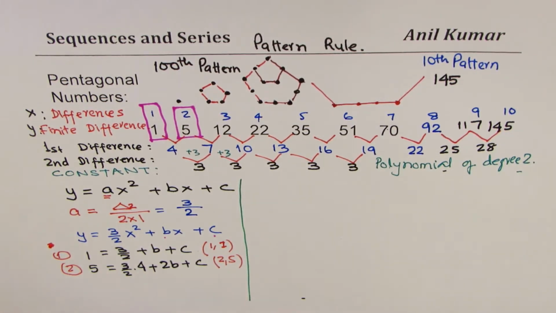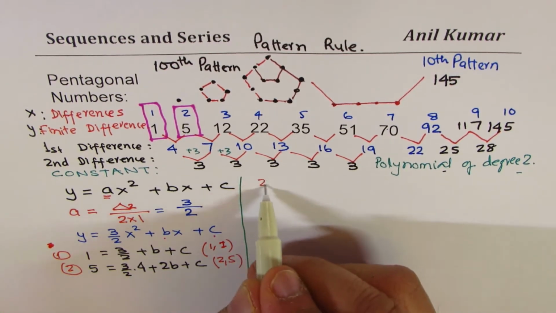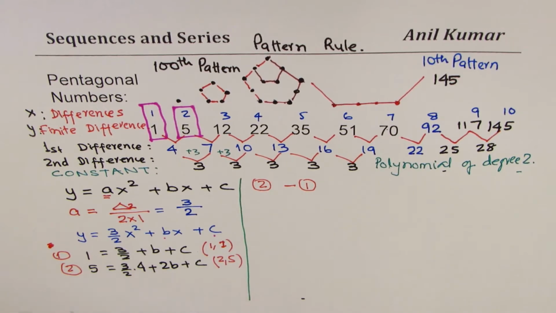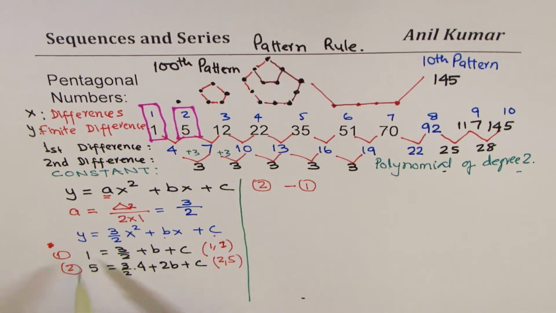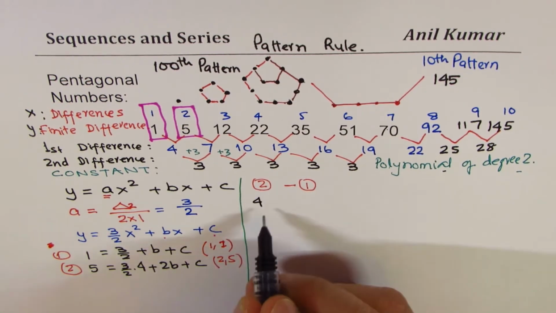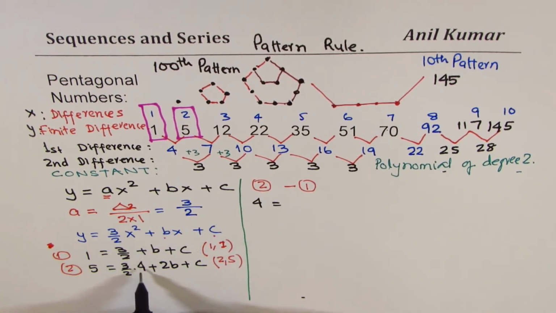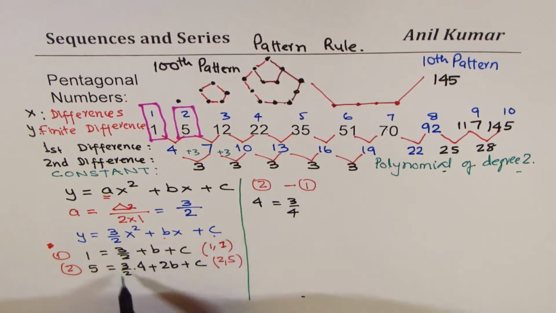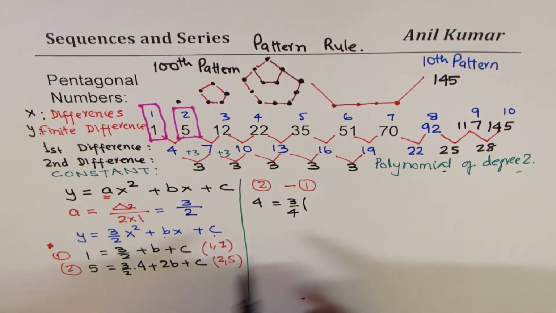Let's see how. If I do equation 2 take away equation 1, as you do in simultaneous equations, what do you get? 5 minus 1 is 4, so I get 4 equals 3 over 2 times (4 minus 1), that means 3. I've purposely not broken this up, so I'm writing 4 minus 1. Do you see that?